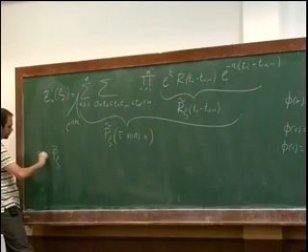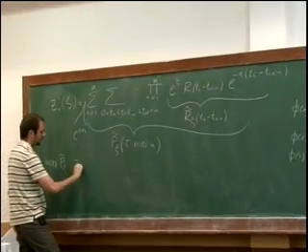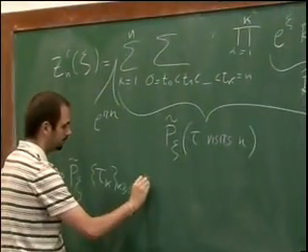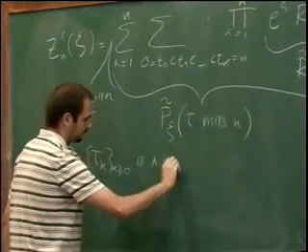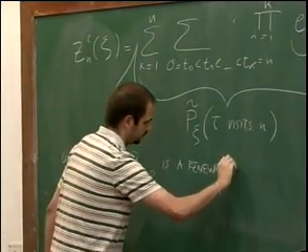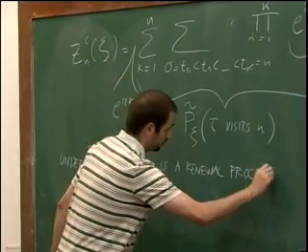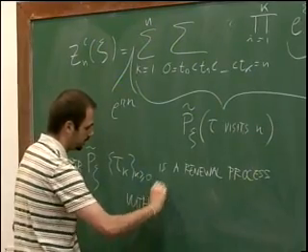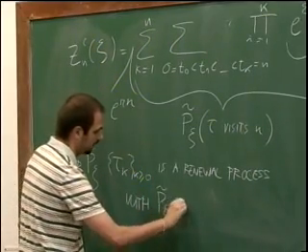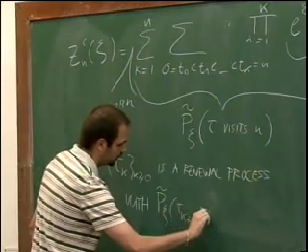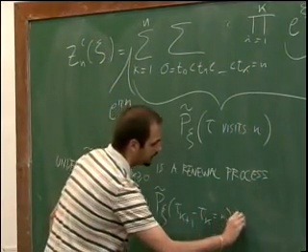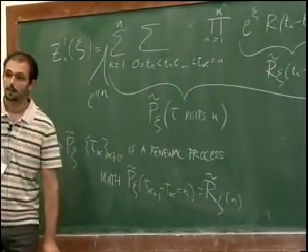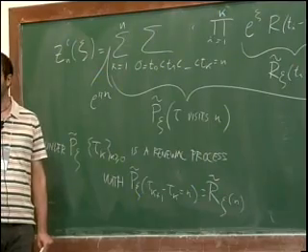Under this law, tau k is a renewal process with law P tilde zeta, tau k plus 1 minus tau k equals n, which is just R tilde zeta of n. Okay? This is just a trick, but we are done.